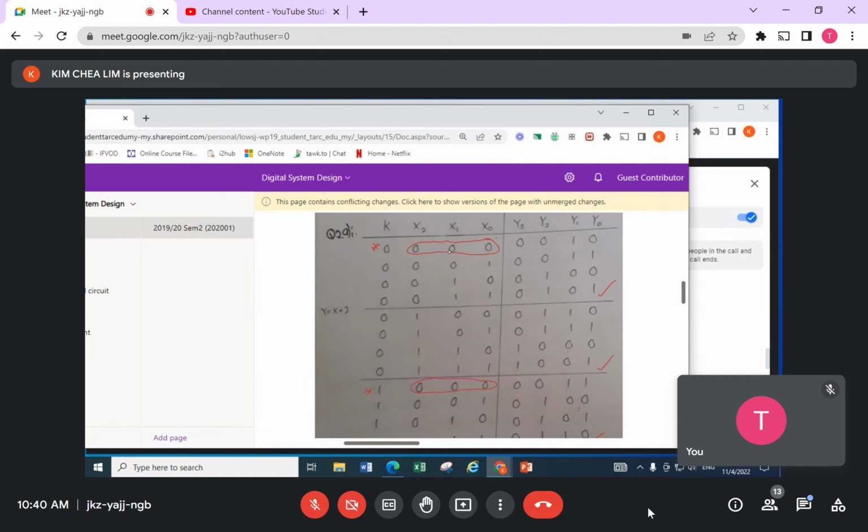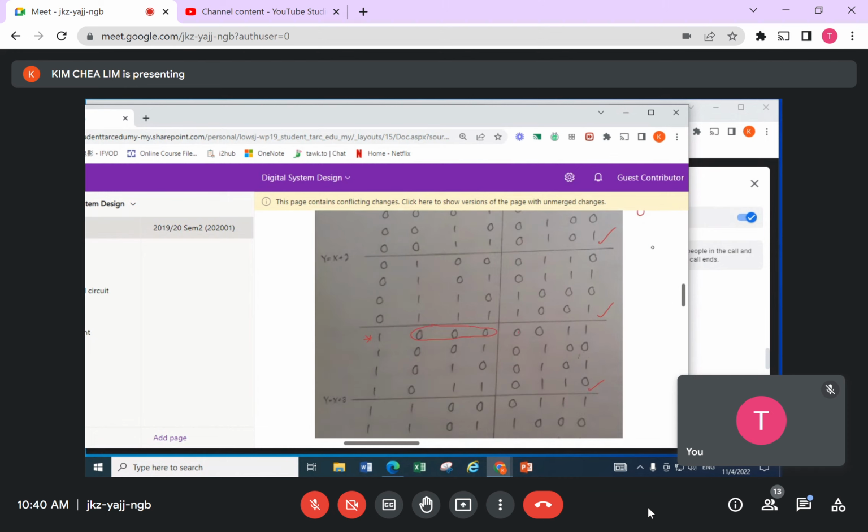So when the selector is at 0, 0, 0, what do you see at the output? All are 0. So first one we put 0, second one also still 0, third one still 0, fourth still 0. All the 4 are 0. How many 0s am I having? 1, 2, 3. Yes.